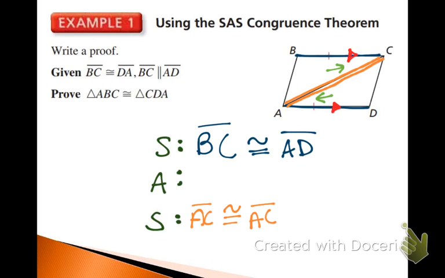A and C. What do these lines mean? Parallel. What relationship do these two angles have? They're alternate interior. What do you know about alternate interior angles? They're congruent. So that means this angle is congruent to this angle because they're alternate interior angles on two parallel lines. So now, you what?